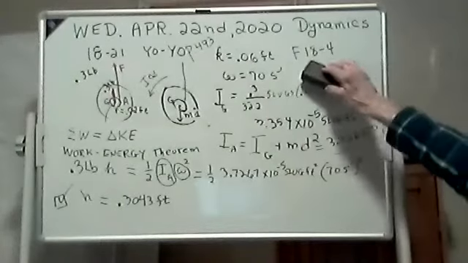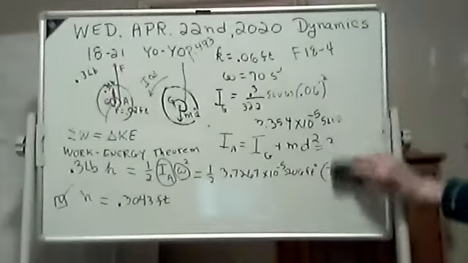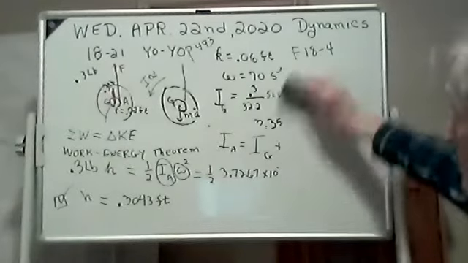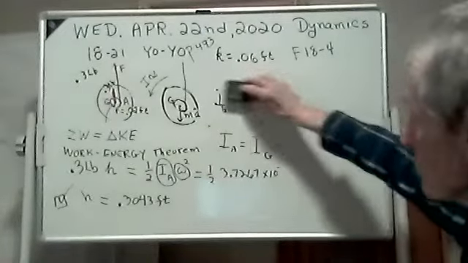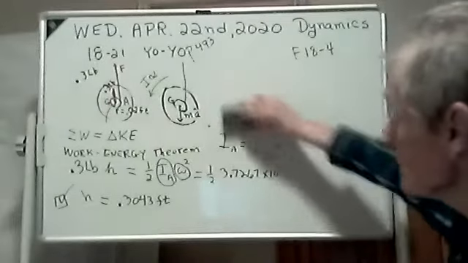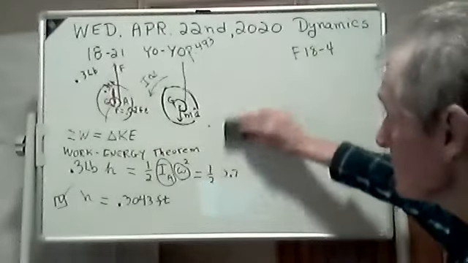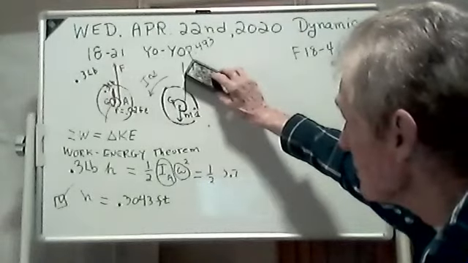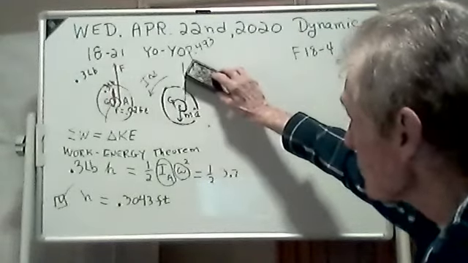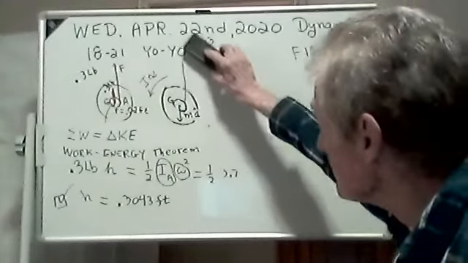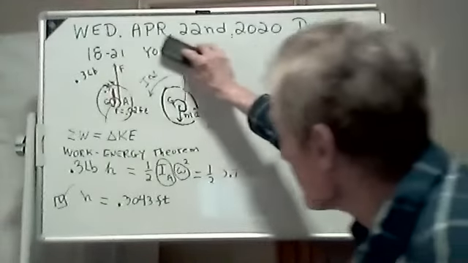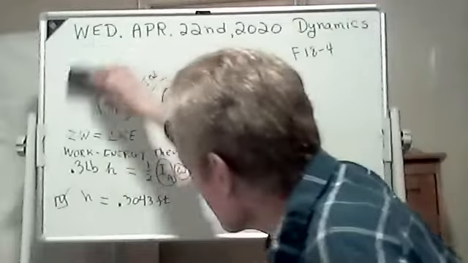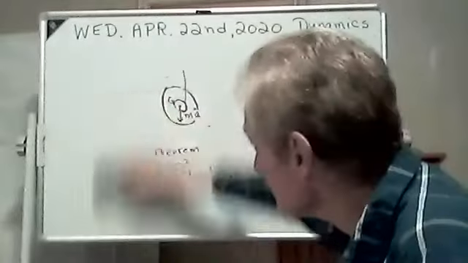Well, why don't we do this one 2 different ways? That'd be good. F18-4. Oh, that's the page number, never mind. We don't need that yo-yo thing anymore. We're done with the yo-yo.